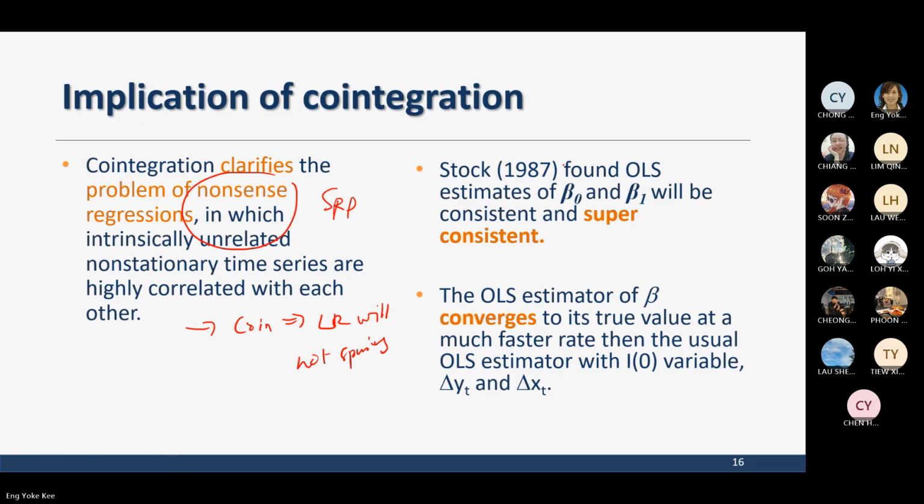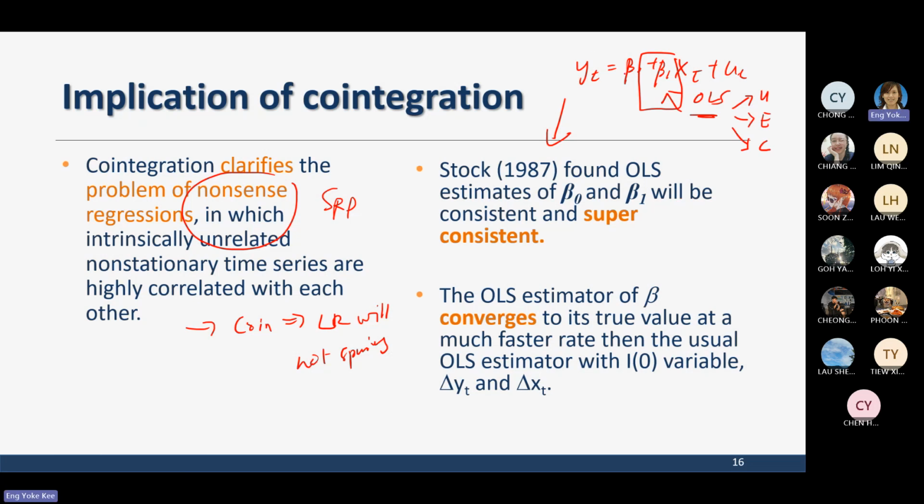Right. In fact, another benefit that you see, if there is a co-integration between X and Y, is about the OLS that you use to estimate the beta value. What are the properties of OLS? If all the assumptions are fulfilled, your OLS will enjoy a good benefit, right? Whereby your OLS is unbiased, efficient, and consistent.